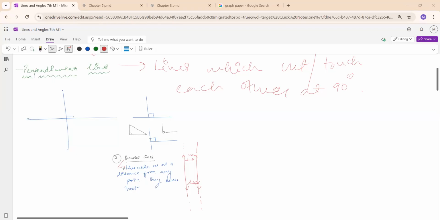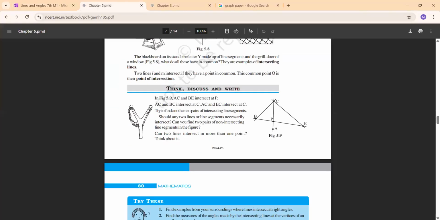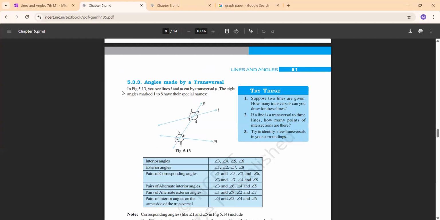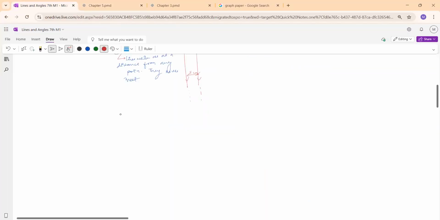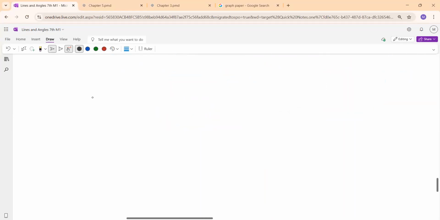Okay. Now coming to parallel lines only. Let's draw a pair of parallel lines.